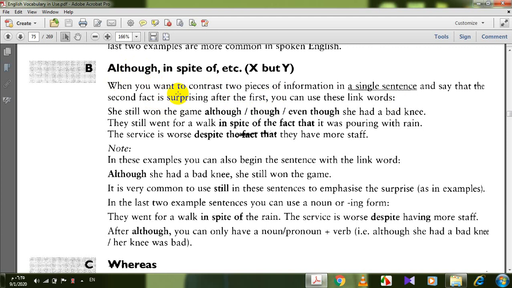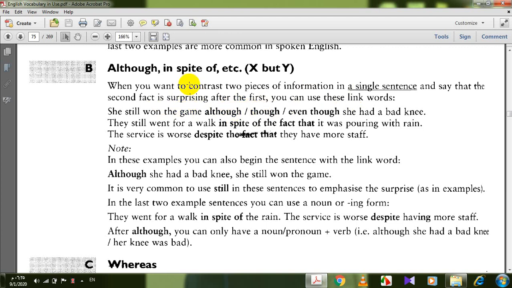Although he trained a lot, he lost the match. If somebody trains a lot, we expect that he wins the match. But what happens here is that he loses the match.